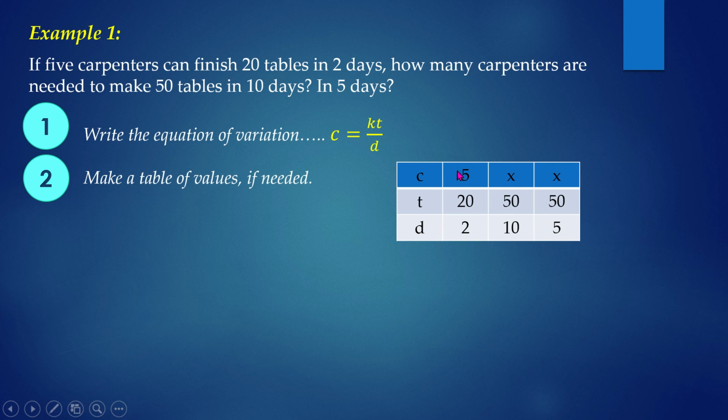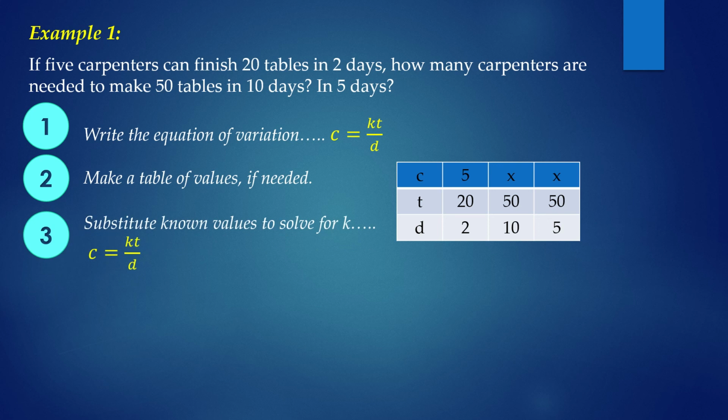The second one, question, how many carpenters, mga X na siya, are needed to make 50 tables, 50 kalamisa, in 10 days? Second question, how many carpenters, X gihapon ng C, are needed to make 50 tables gihapon within 5 days? So, tulo ka value ang C, T, ug D.